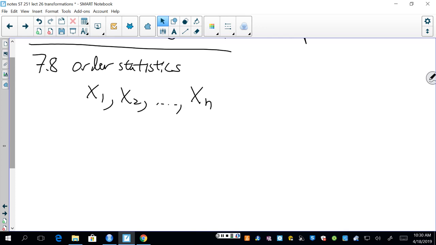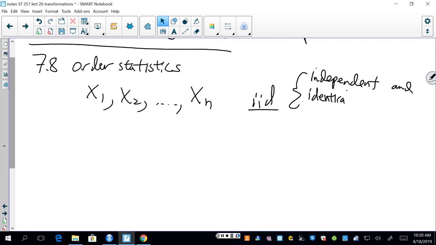So let's say we have a sample x1, x2 up to xn, and let's say that they're IID, so they're independent of each other and identically distributed, so that they all have the same probability distribution. Each of these xi's has some probability distribution, f of x, cumulative distribution function, PDF, or something like that, but they're all the same distribution. Same mean, same variance, and same probabilities for different possible outcomes.